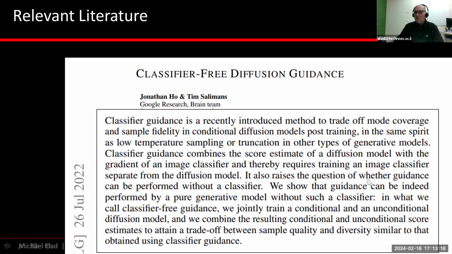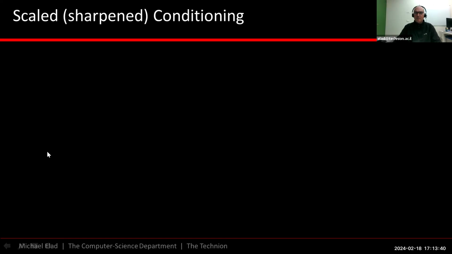It also raises the question of whether guidance can be performed without a classifier. We show that guidance can indeed be performed by a pure generative model without such a classifier in what we call classifier-free guidance. And let's see what they do. This is a paper by Jonathan Ho and Salimans from Google Brain from what? A year and a half ago.